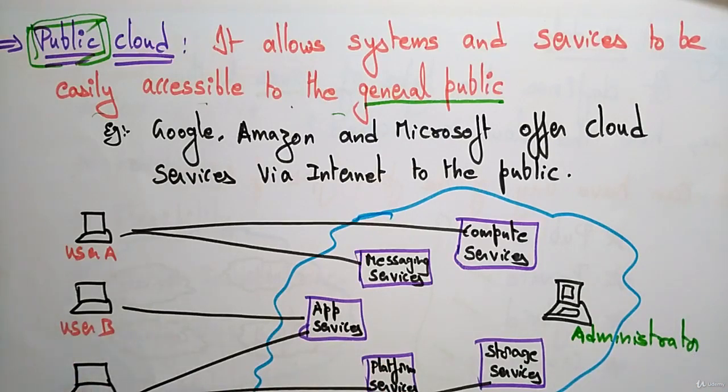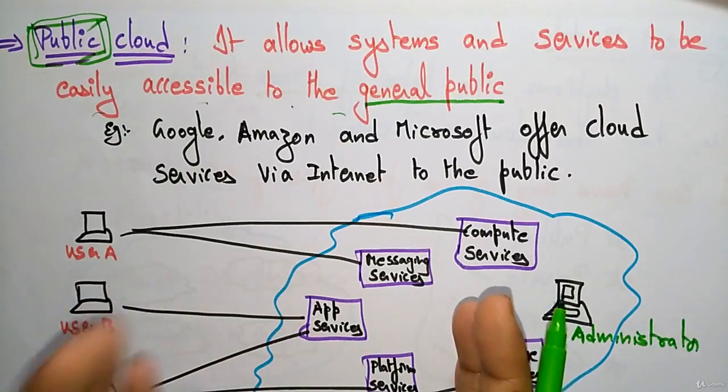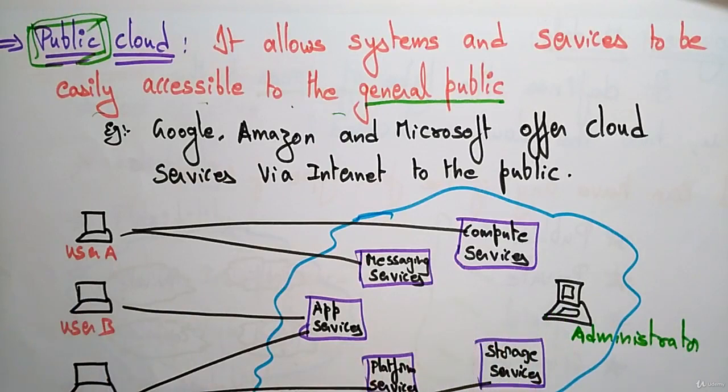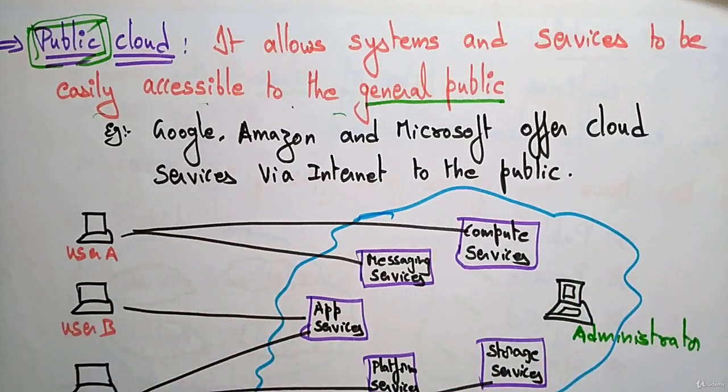Different IT organizations place the information they want to show to the public, the services they are providing to the public, on the public cloud so that anyone can access it.